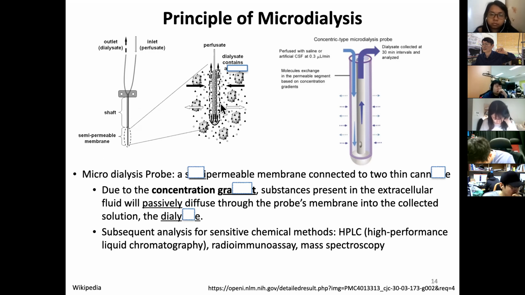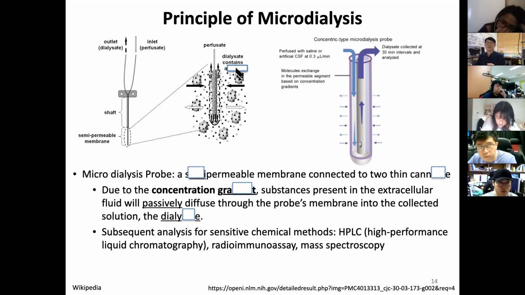And you see this dotted line, it's a semi-permeable membrane. Because of this, you see this black triangle can actually get in, and that comes out as a dialysate that contains the analyte, okay? This is the analyte. So this is based on diffusion.